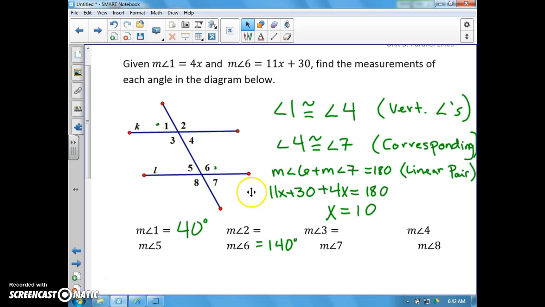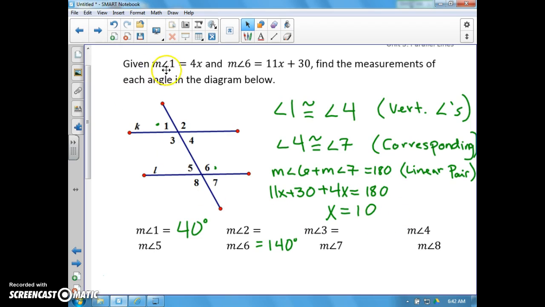Therefore, the measure of angle 6 plus the measure of angle 7 must be 180 degrees. And because angle 7 has the same measurement as angle 1 by the transitive property, as we know from proofs, we can plug in 4x for angle 7 and 11x plus 30 for angle 6. And when I solve this equation, I get that x equals 10.